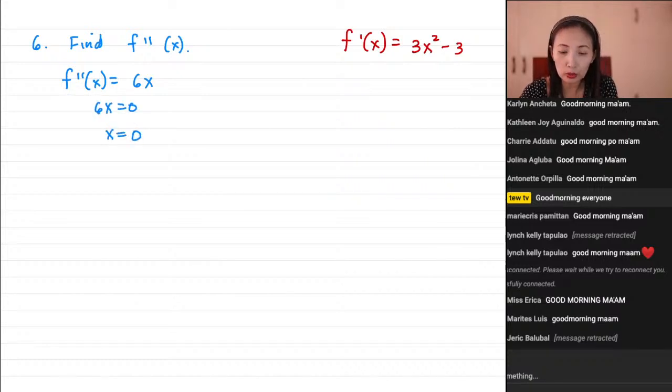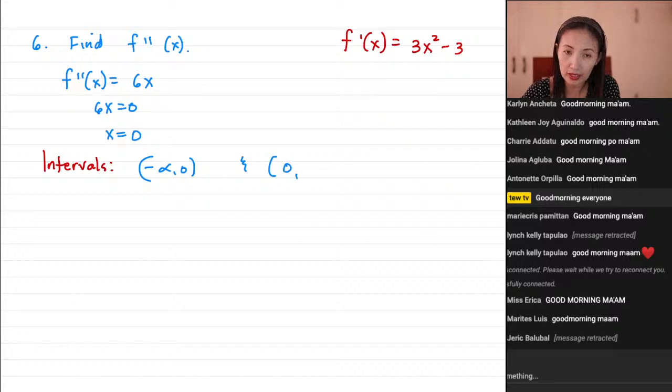So, to determine the concavity of f, we divide the interval negative infinity to positive infinity into smaller intervals. We look at the values to the left of 0 and to the right of 0. So our intervals will be from negative infinity to 0, and the other interval will be 0 to positive infinity.